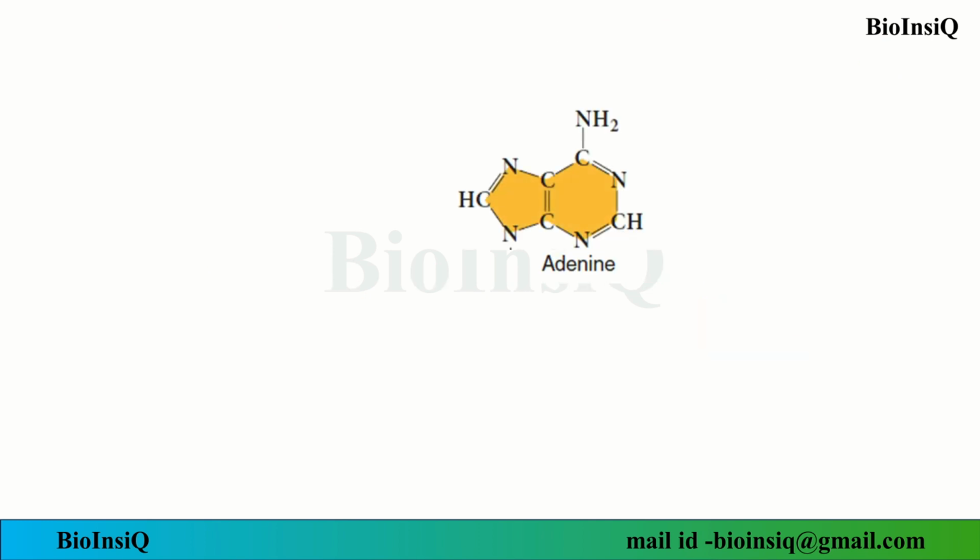As you can see, this is adenine, right? This whole structure is a nitrogenous base, and I think you have already seen this structure, so it is not new for you. Now a ribose sugar attaches to provide a supportive base, right?